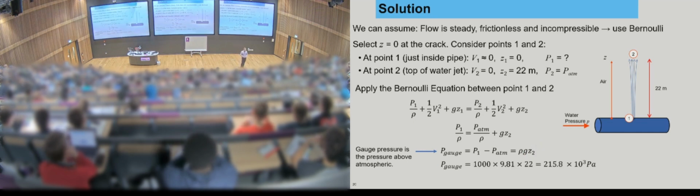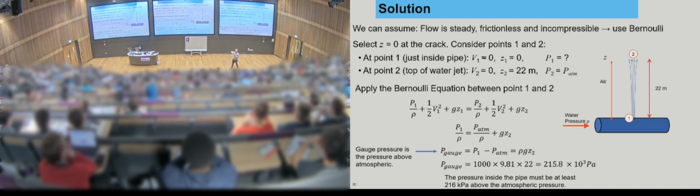So we put in our values, and we get 215 kilopascals. So that means that the pressure inside the pipe must be at least 215 kilopascals above atmospheric pressure in order to shoot that jet of water up to 22 meters.